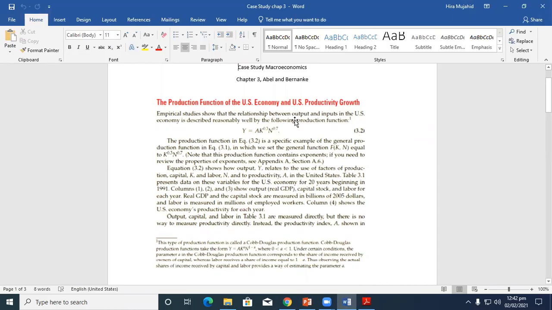This production equation is a specific example of the general production function in equation 3.1, which we already discussed, in which the general function F(K, N) equals K to the power 0.3 and N to the power 0.7. I assume that you know the properties of exponents. Let's start with this example.